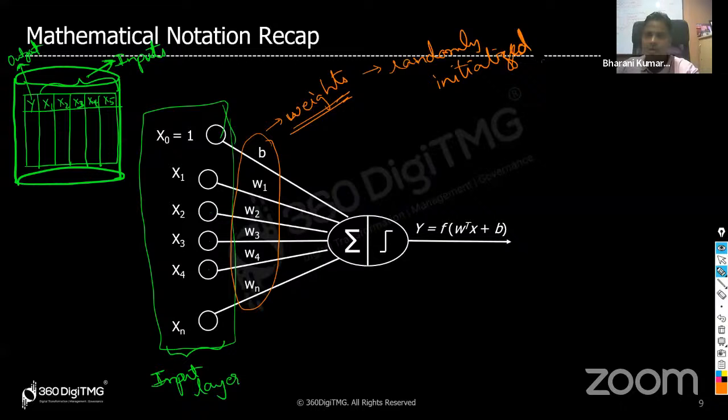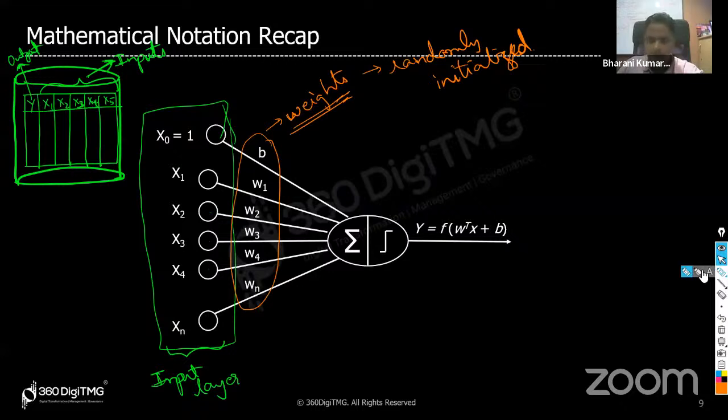Okay, all of these are randomly initialized. And we are talking about a very basic neural network algorithm, which is called the perceptron algorithm, where you will not have any hidden layers, just one output layer, and you'll have a single neuron in the output layer.